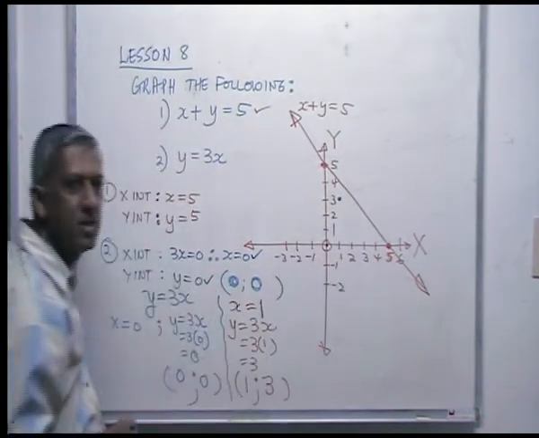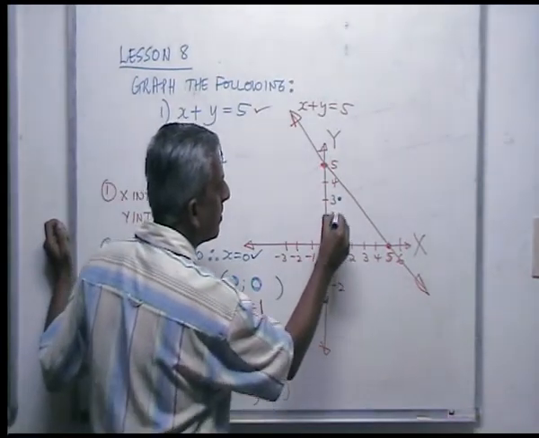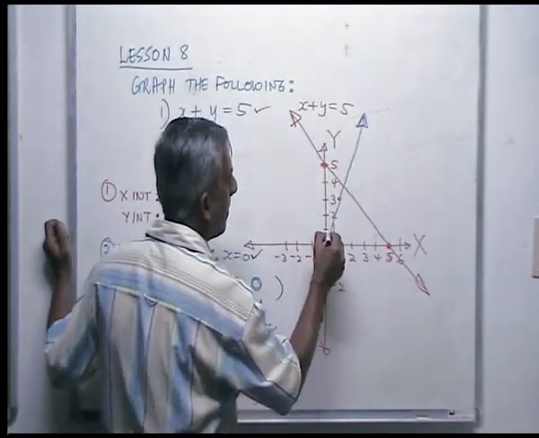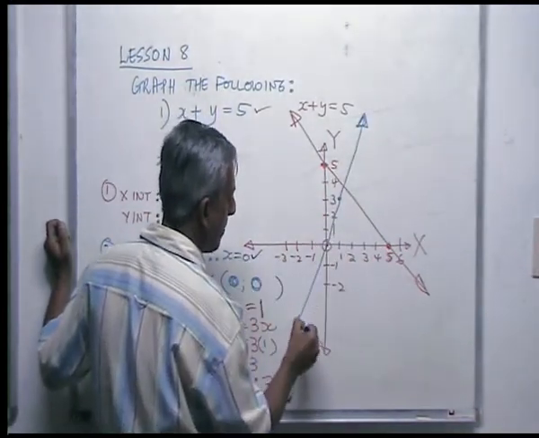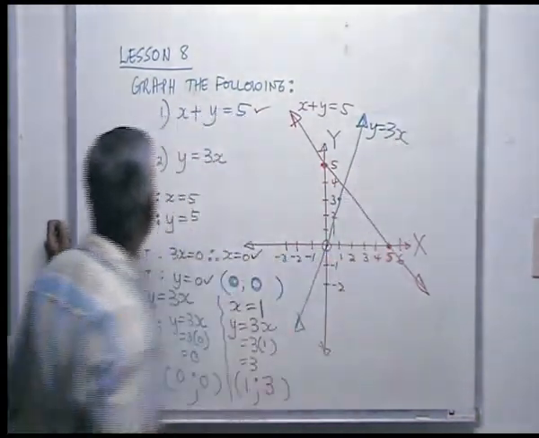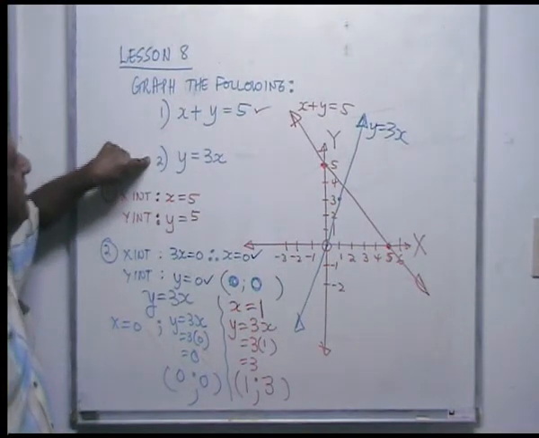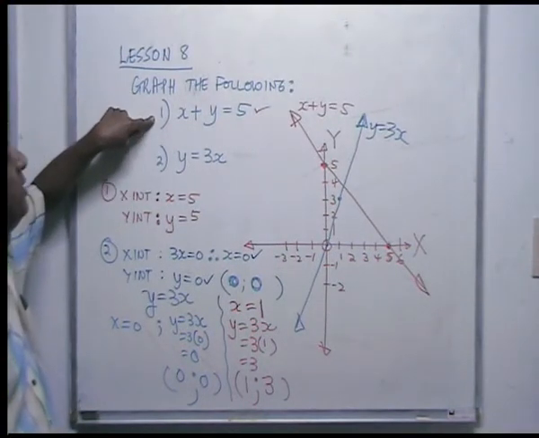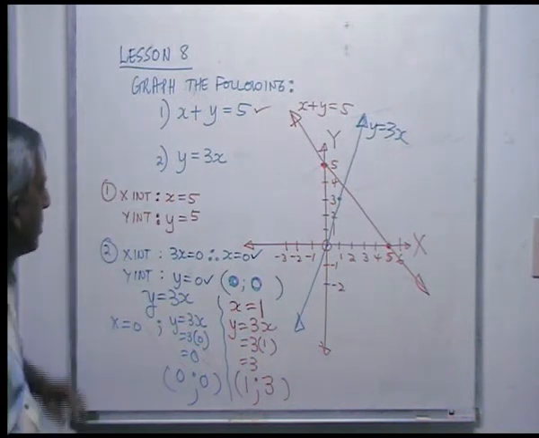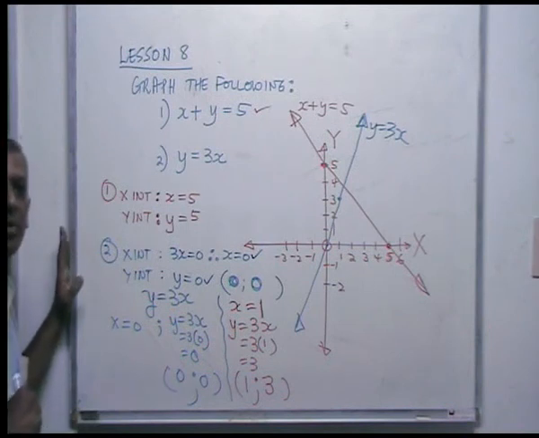Now you have these 2 points, so you can join them, draw the graph, and of course label it. So you see, the second example had to be done using ordered pairs, whereas the first one could have been done using the x-intercept and y-intercept. That is why you'll have to know both methods.